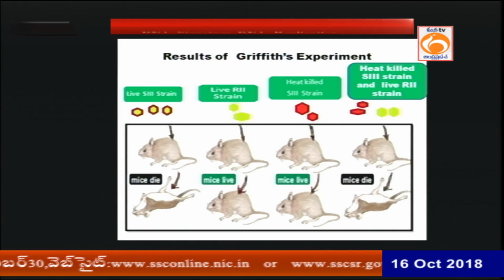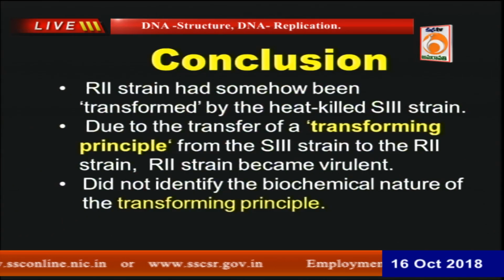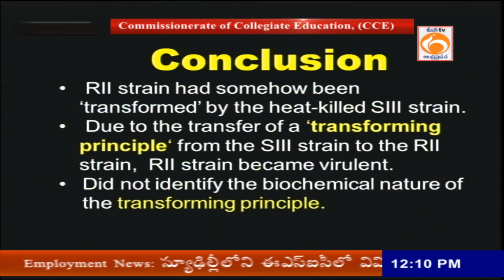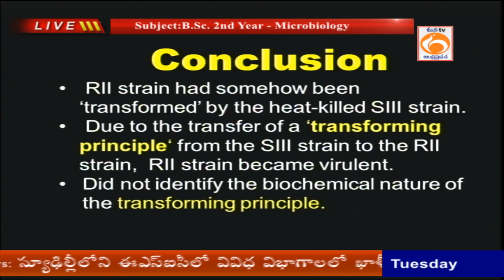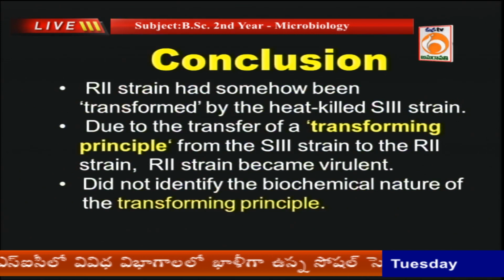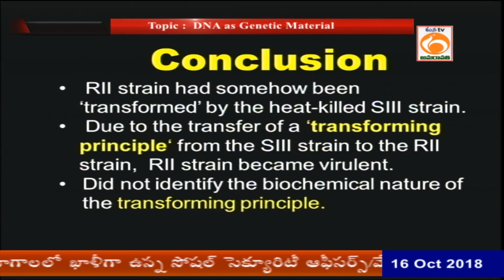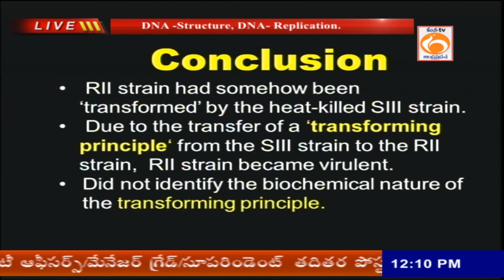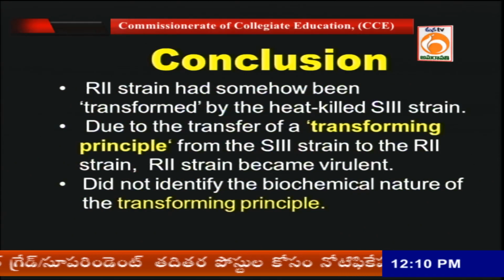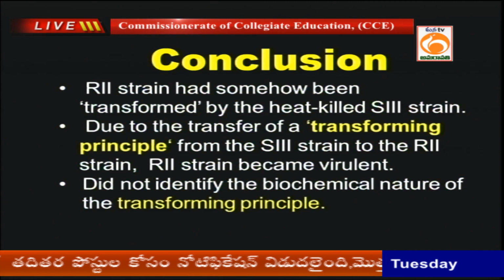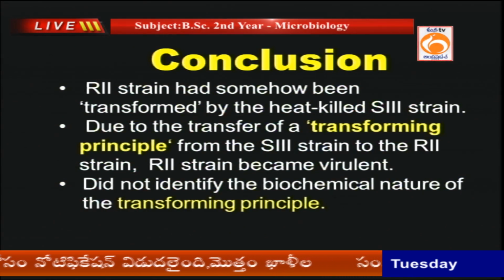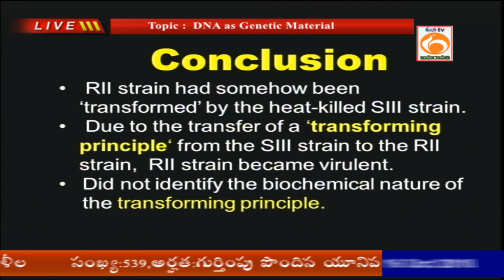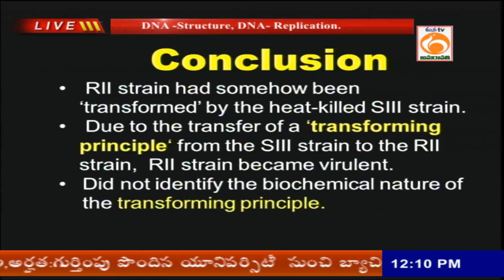And what did this experiment prove? And what must have gone into the R2 cells? From the results, Griffith concluded that there was something that was transferred from the heat-killed bacterium into R2 cells which helped them to synthesize a smooth polysaccharide capsule and become virulent.